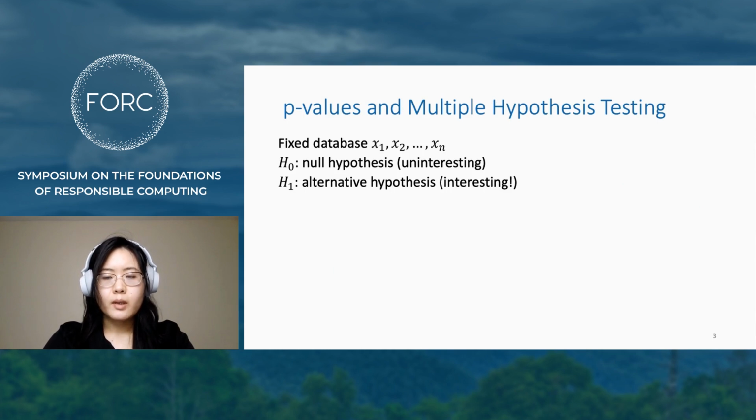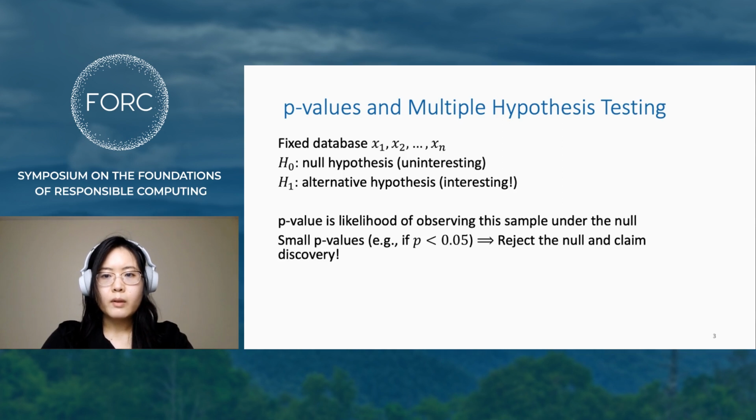To give the background, we're going to look at p-values and hypothesis testing. The model is we have a fixed database, and we are going to test whether the null hypothesis is true against an interesting but rare alternative hypothesis. You can think of a hypothesis as a query with binary answers, for example, whether a drug works.